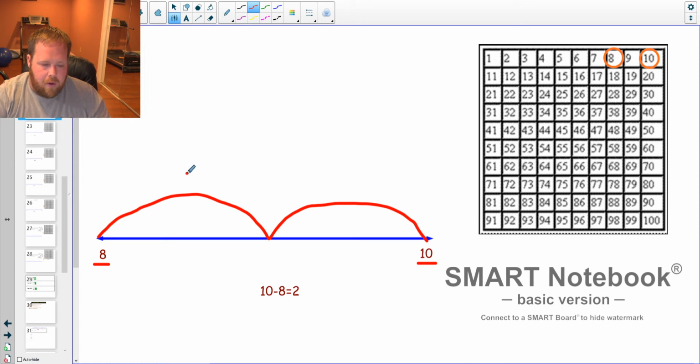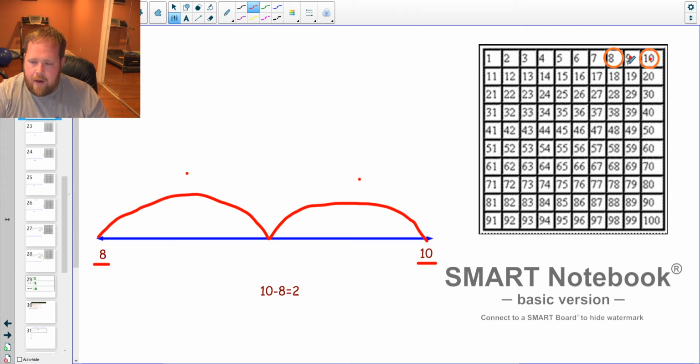So I'm going to put a dot over each jump so I can see how many I went. Same thing here. This is called a number grid, and we can use that to count up as well. We're starting at 8, 1 hop, 2 hops.